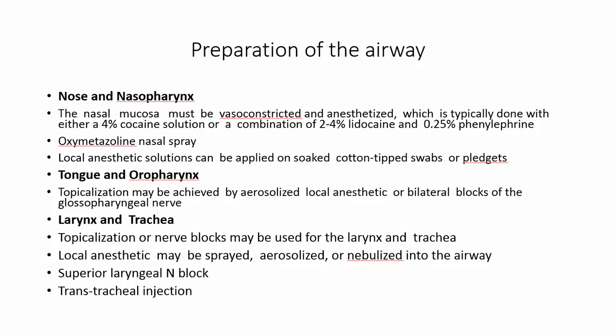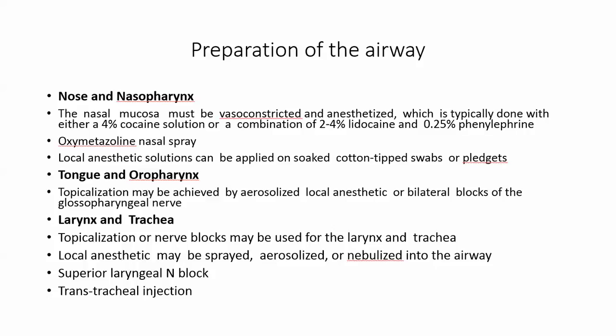Cotton-tipped swabs or pledgets soaked with the local anesthetic solutions are applied to the nasal mucosa to topicalize the airway. The oropharynx and the tongue may be topicalized by aerosolized local anesthetic or bilateral blocks of the glossopharyngeal nerve.